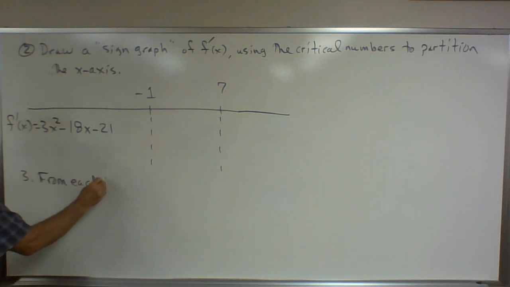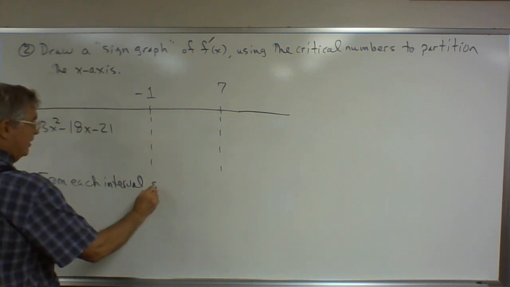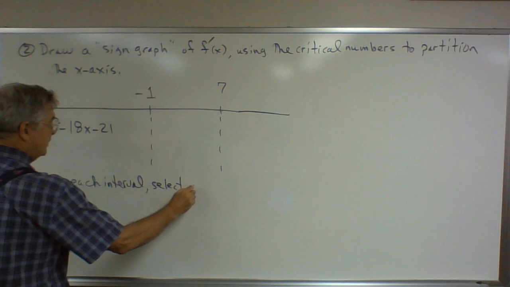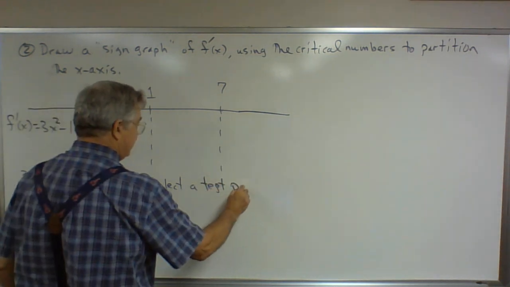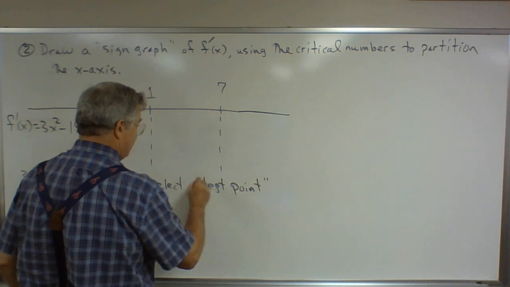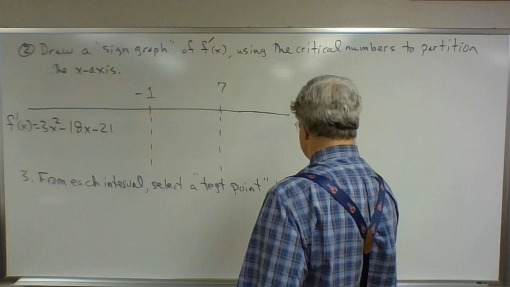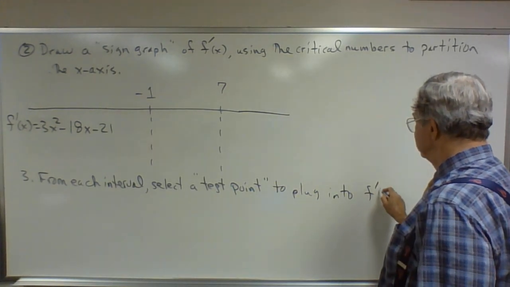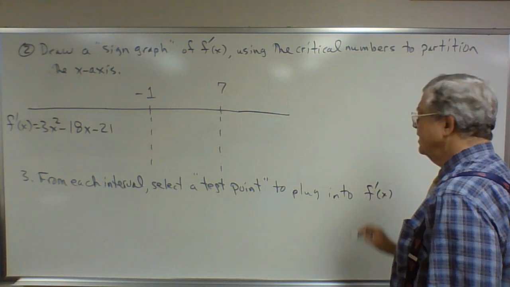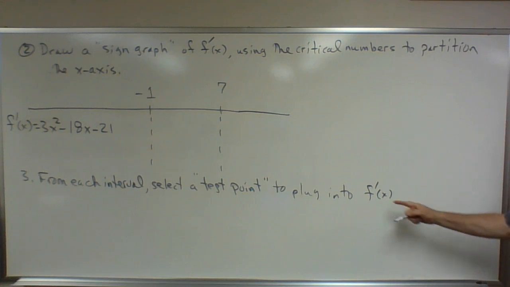And in each interval, I guess that's step 3, from each interval select a test point to plug into the derivative. So from each of those intervals, we'll select a test point to plug into the derivative.